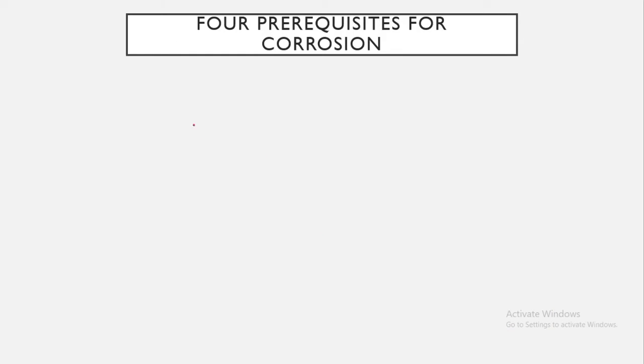Now let's look at the 4 prerequisites for corrosion. For corrosion to happen, we need to have 4 things. The first thing, we should have the anode, which is the anodic side, the anode of the metal surface, where the oxidation reaction occurs.